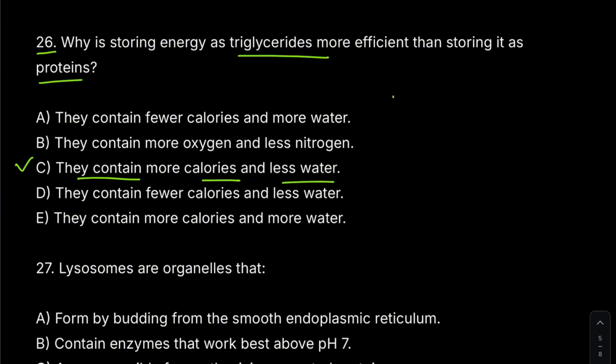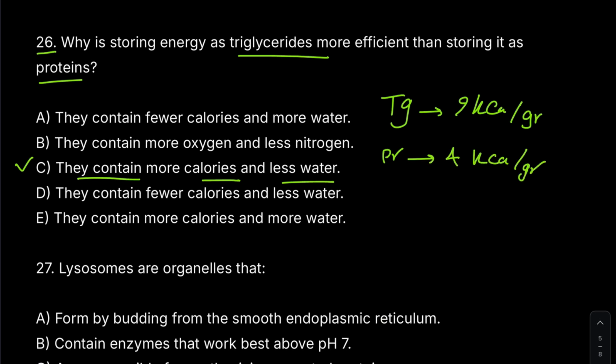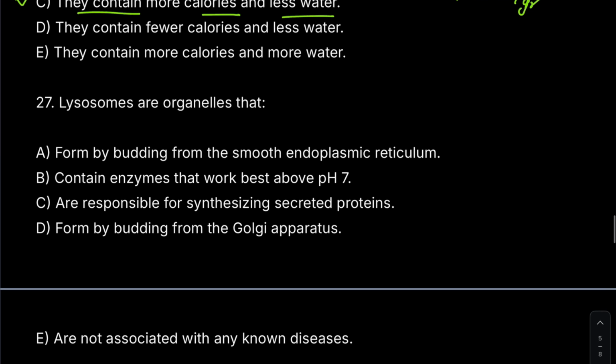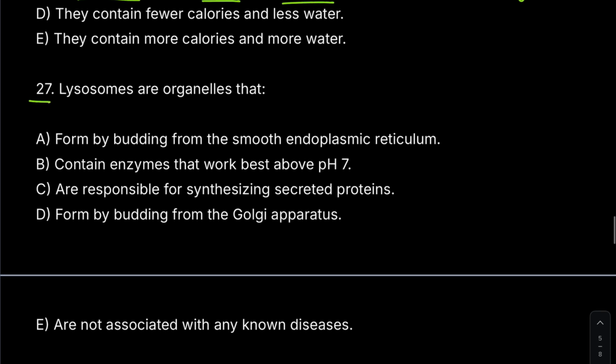They provide about 9 kilocalories per gram compared to only 4 kilocalories per gram for protein and carbohydrates. In addition, fats are stored without large amounts of water, making them a compact energy reserve.